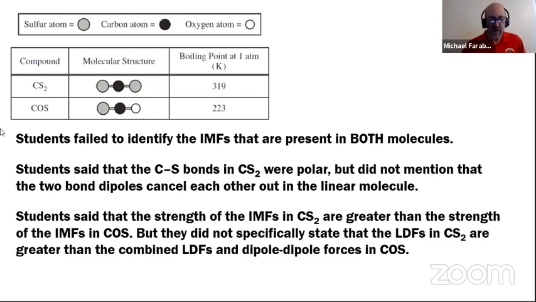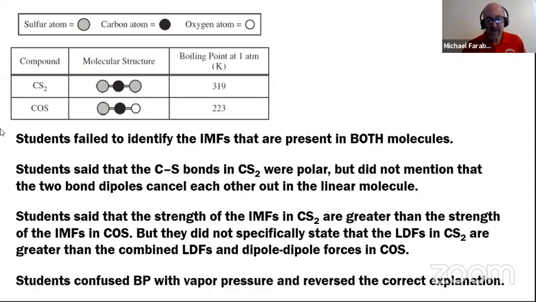Some students said CS2 has stronger intermolecular forces and then just stopped there. They didn't actually identify specifically that the London dispersion forces in CS2 are greater than the combined LDFs and dipole-dipole forces in COS. And then some students reversed the explanation because they were confusing boiling point with vapor pressure.